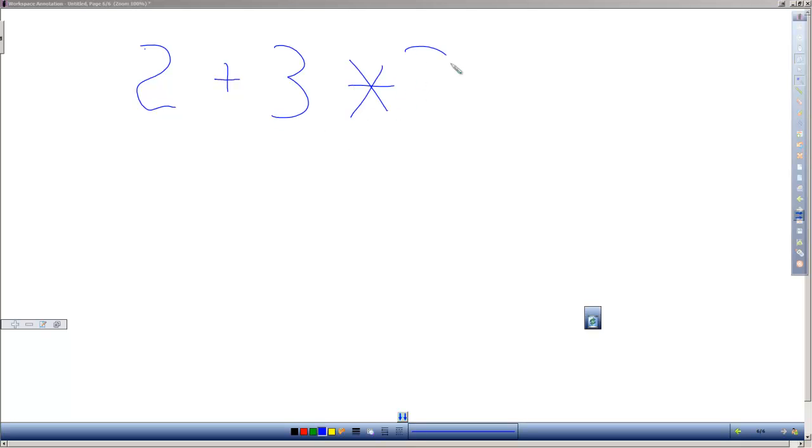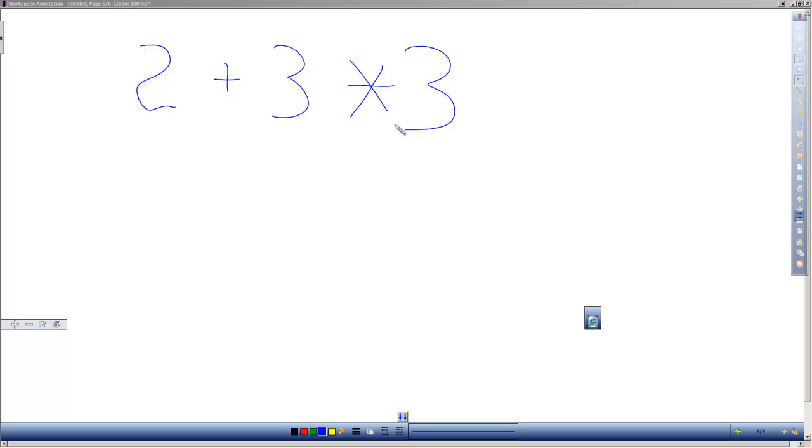Now, a couple of other things dealing with math. If we were in a math class and I gave you, let's say, 2 plus 3 times 3, what would the answer be?